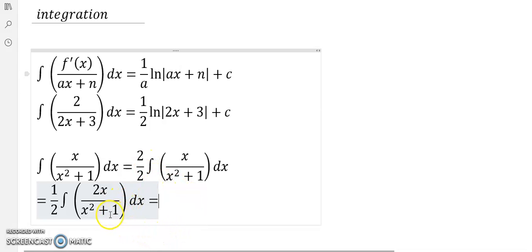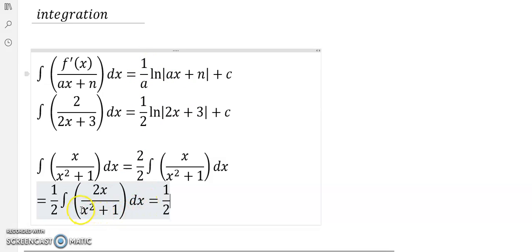now we can write it in this form, since the derivative of x squared is 2x. However, don't forget that we have 1 over 2, so we're gonna get 1 over 2 and the integral of this will give us 1 over a.